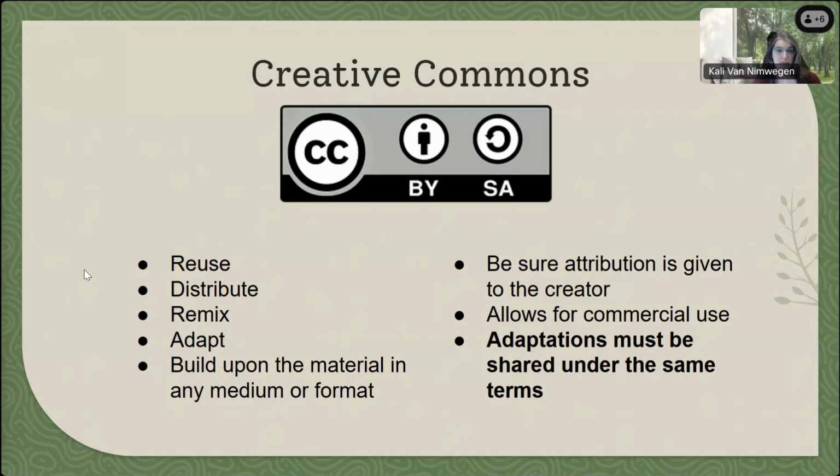I'll also add that you must share it. So for example, if you're taking a Creative Commons item that's licensed under share alike and you change it in some way, then you also need to share it under the same license, so that you're not taking something, changing it, and then not sharing it back out there. You'll see this in Wikimedia and Wikipedia a lot in terms of taking a graphic and translating it into other languages so that people in other parts of the world can also use that graphic in their own language.